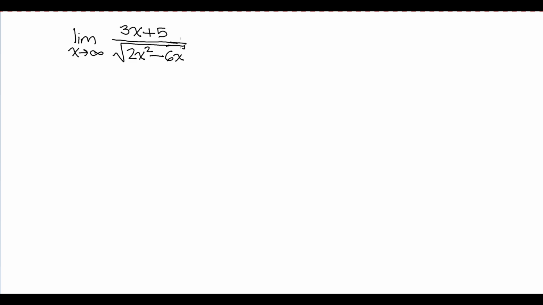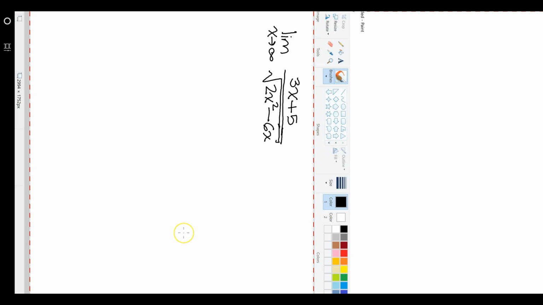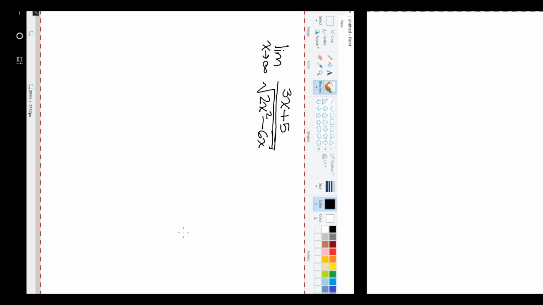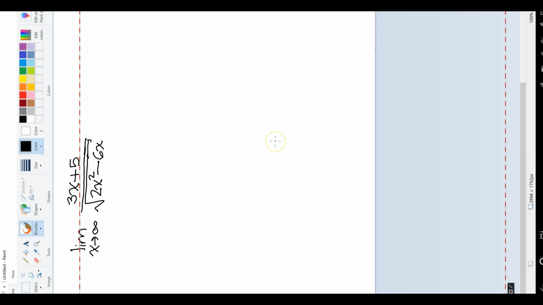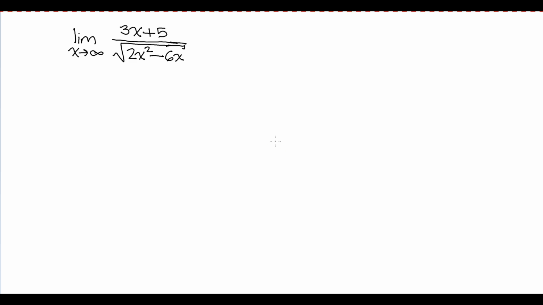This limit is a bit trickier to evaluate because you have a radical expression. However, you want to divide by the highest power. You might be tempted to say x squared, but x squared is inside of a radical, so you can't really divide by x squared. What you can divide by is x.